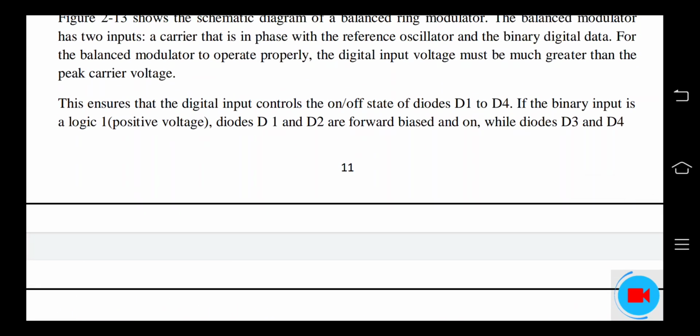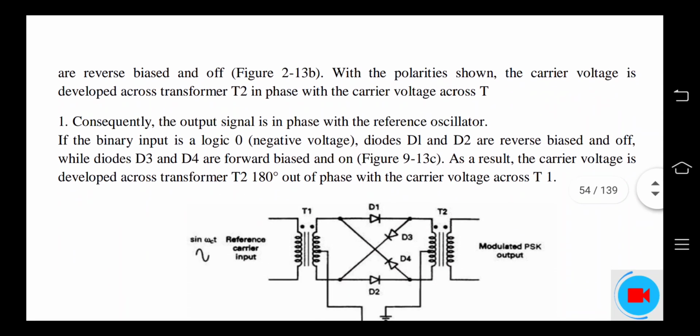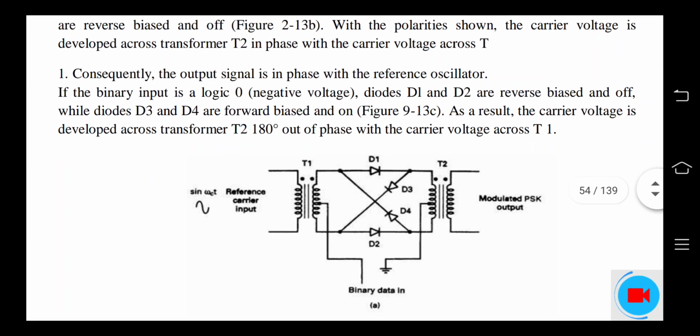If the binary input is logic 1, that is a positive voltage, D1 and D2 are forward biased and D3 and D4 are reverse biased. D1 and D4 are forward, and D3 and D2 are reverse diodes.